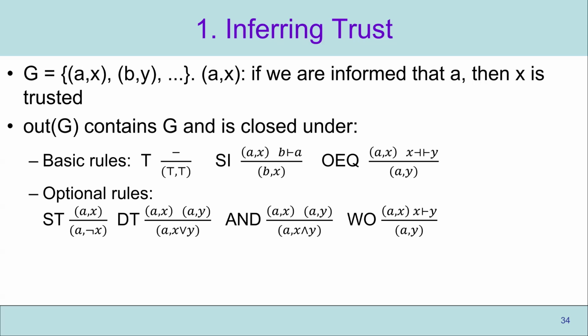So you can have conjunction and weakening of the output, such that we have the same system as we had before. And we have these two rules which are often discussed in the logic of trust. One is called symmetric trust: if you trust X, you also trust not X. And the other is called disjunctive trust: if you trust X and you trust Y, you also trust X or Y.